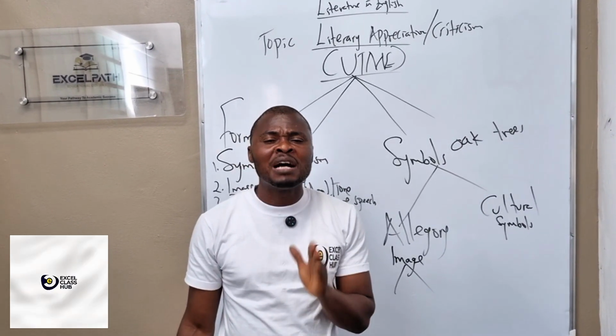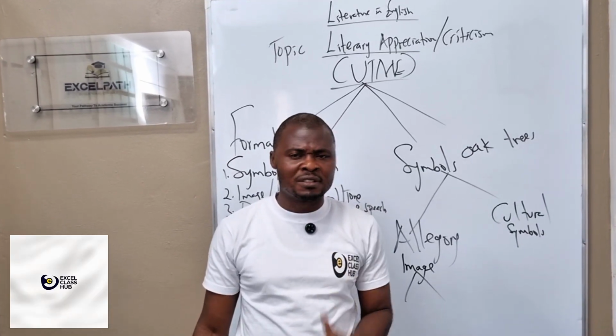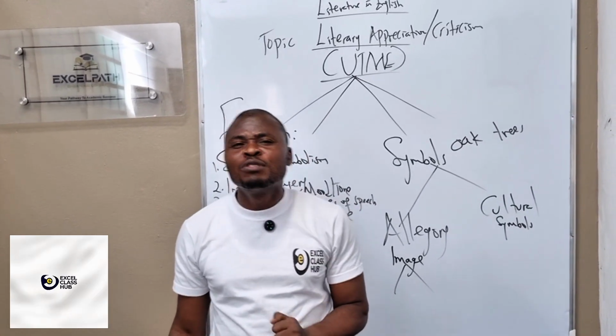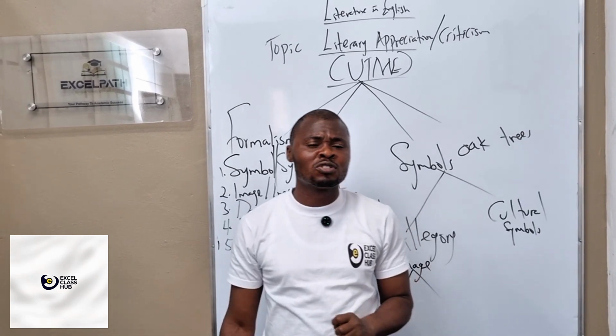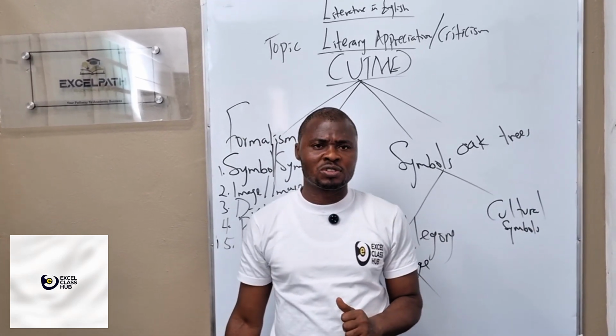The JAMB set questions on these figures of speech regularly. And again, if you are looking for a very resourceful material on figures of speech, JAMB recommended one to us.